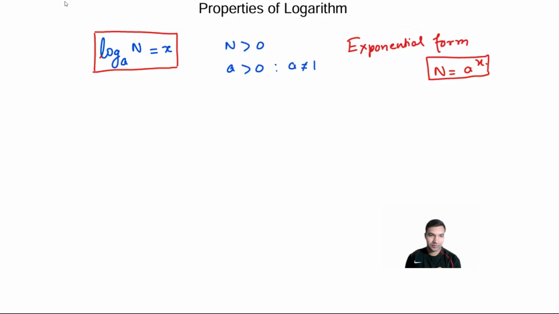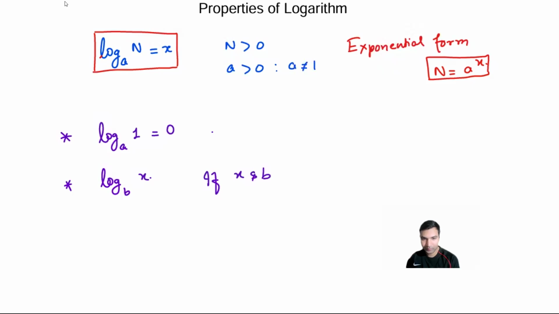And then we had seen a few standard results, which were log of 1 to any base is equal to 0. And then we had seen if this number x and this number b, if the product of x and b multiplied together is equal to 1, that means they're reciprocal of each other, and this answer will be equal to -1.